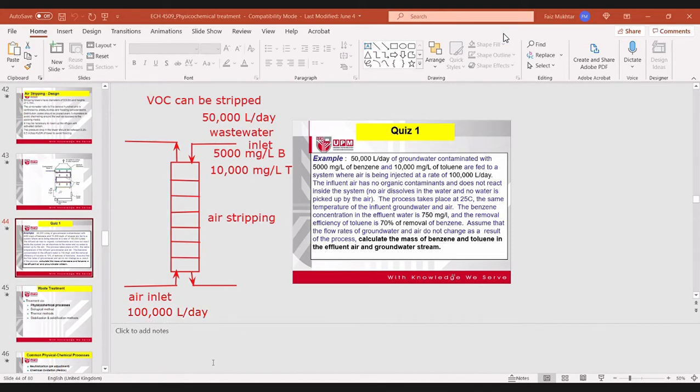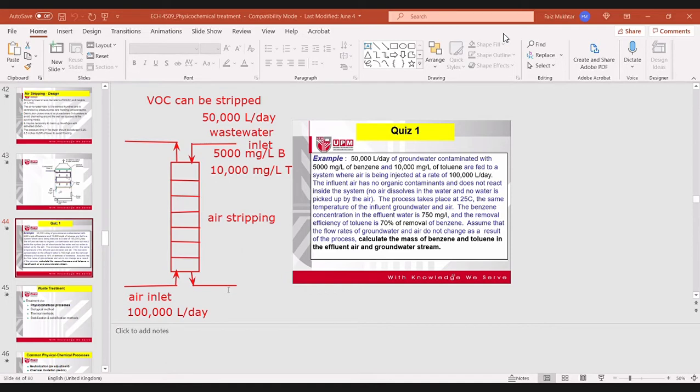Okay, right. So these are the information for the inlet. And what are the information for the outlet? It says that the benzene concentration in the effluent water is 750.